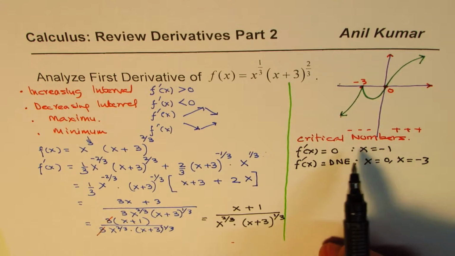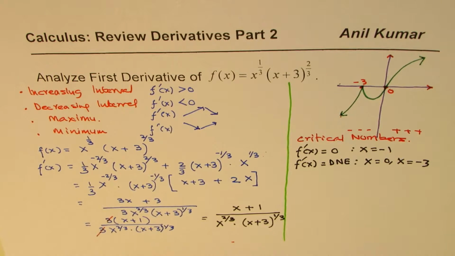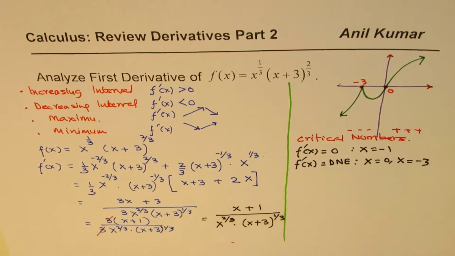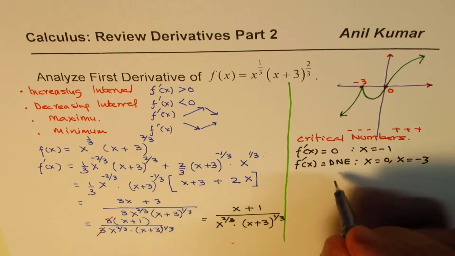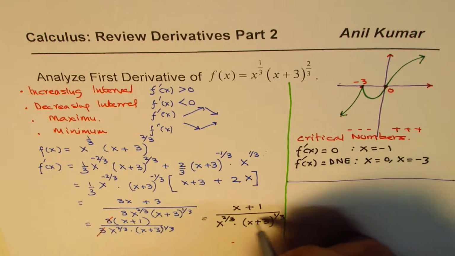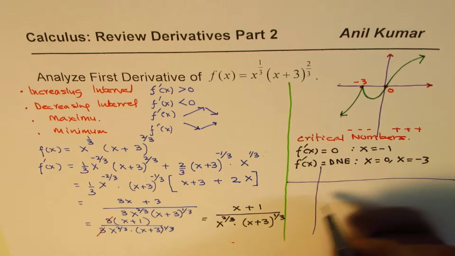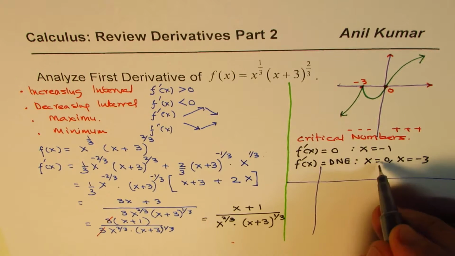Now we'll analyze these 3 critical points and then see whether we have a maximum or a minimum or not, correct? To analyze these points, let me make a table where we'll have intervals and then we'll analyze the intervals. That's the whole idea. So we have 1, 2, 3 points.